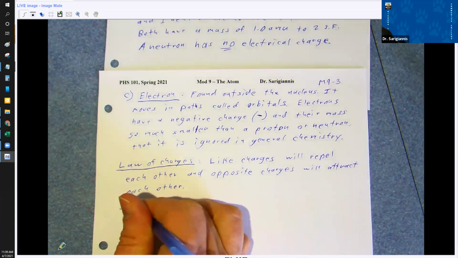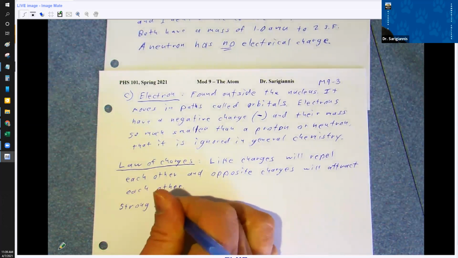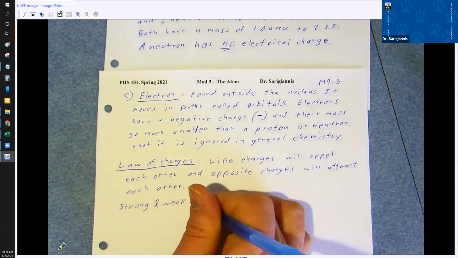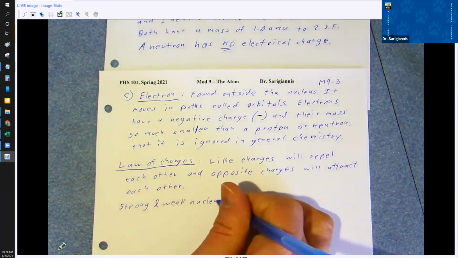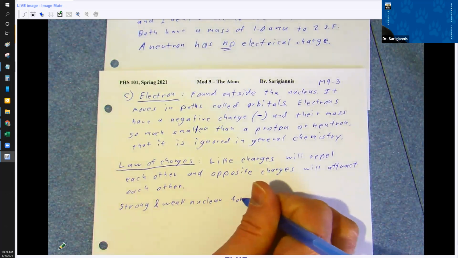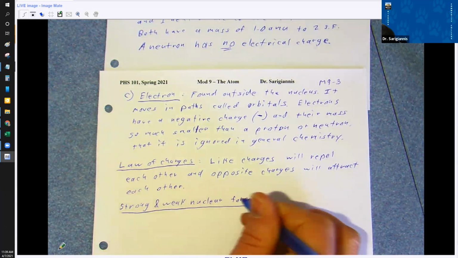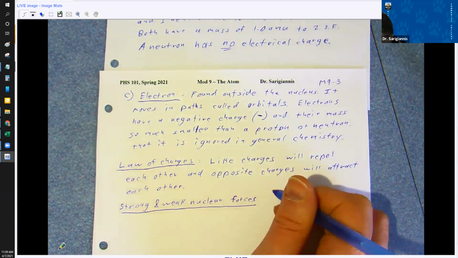And we have what's called the strong and weak nuclear forces. We mentioned these back when covering energy. This was the potential energy, internal energy of the atom.